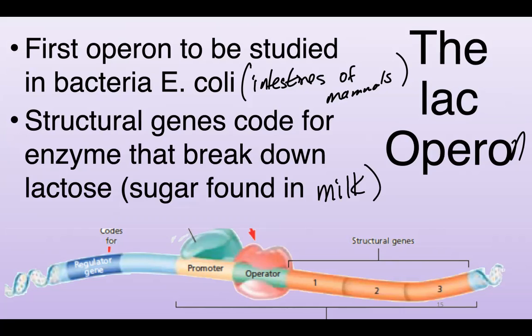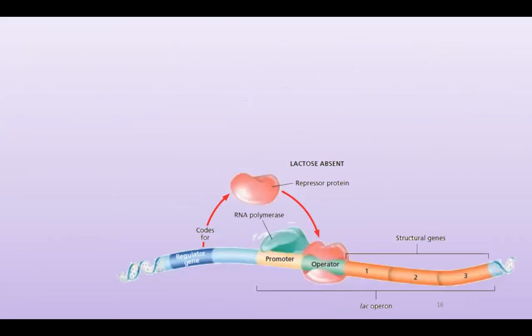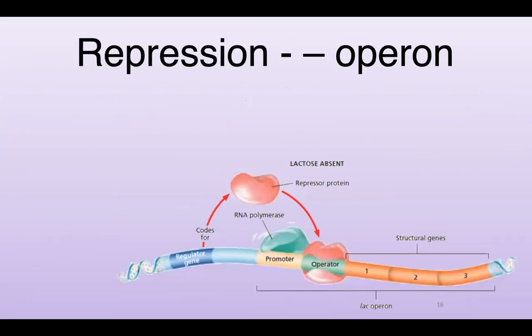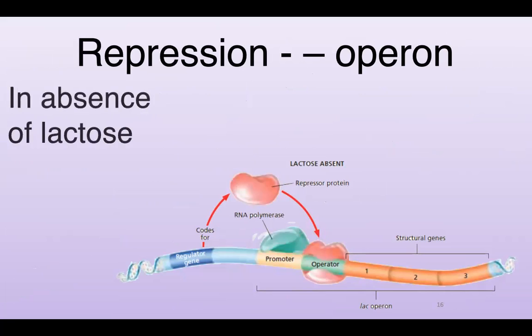Okay, so we're going to look at repression first. So repression means that the gene is not expressed. So this is when lactose is not present. This is the whole point, so this is what I really want to focus on. The whole point of this chapter is understanding how organisms control when proteins are made.